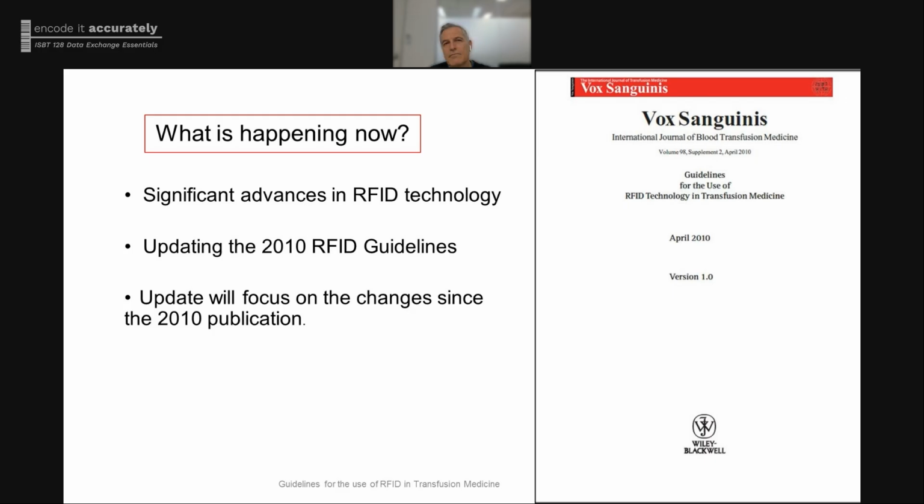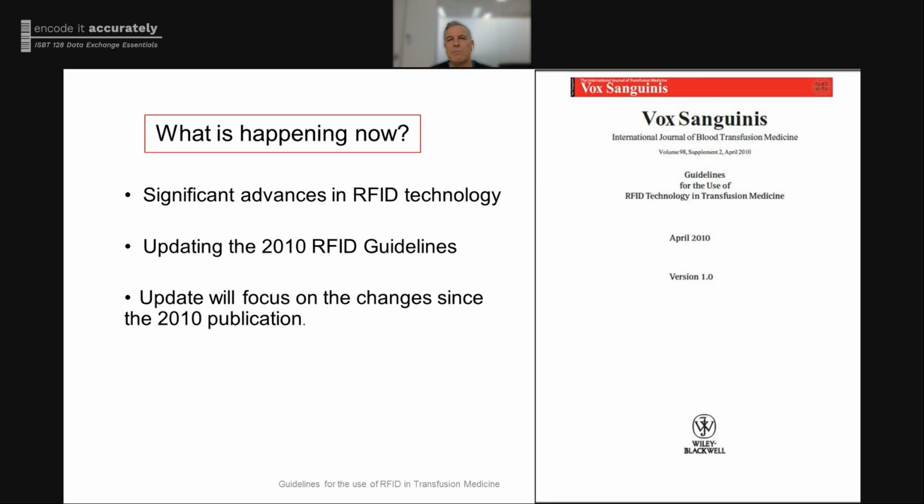Recently, the significant advances in the available RFID technology designed specifically for transfusion medicine have resulted in the Working Party deciding to update the 2010 RFID guidelines in line with these advances in RFID technology that are pertinent to transfusion medicine. The guideline update will build on the prior version and focus on the changes since the 2010 publication.